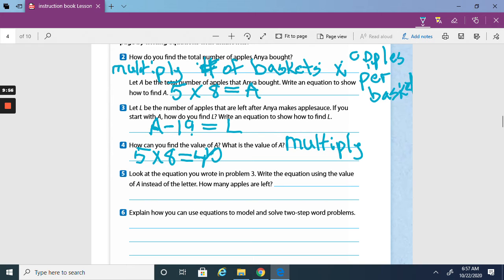Number 5 says, look at the equation you wrote in problem 3. Write the equation using the value of A instead of the letter. How many apples are left? So I know that the value of A is 40.